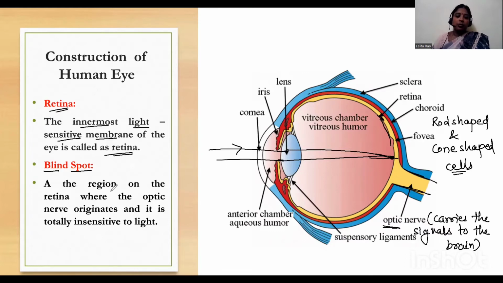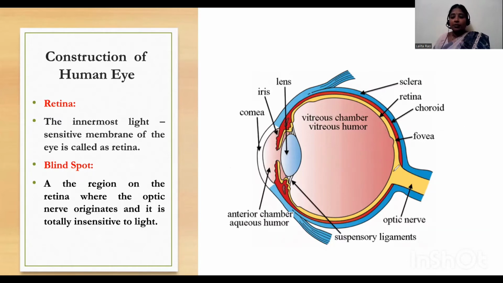Then, the blind spot is the region on the retina where the optic nerve originates and it is totally insensitive to light. Now remember, if your converged rays go and meet on the blind spot, in that case you won't be able to see.